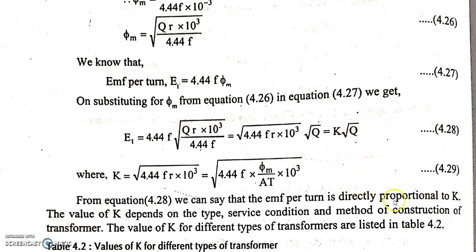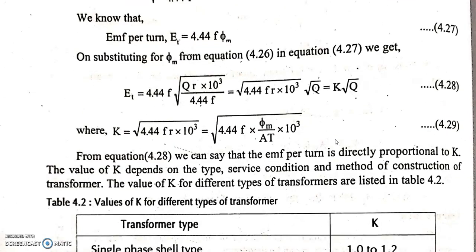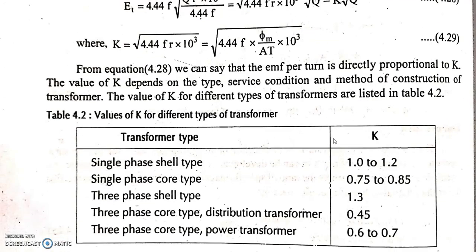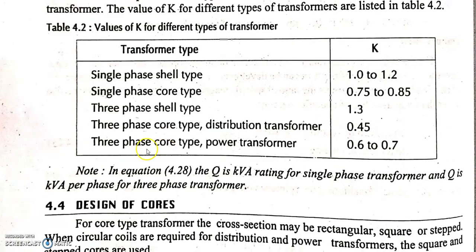And the value of K depends upon the type, service conditions and methods of construction of a transformer. So this value of K will be different for different types of transformer, depending upon the construction. So the different values of K for different types of transformer are mentioned over here.